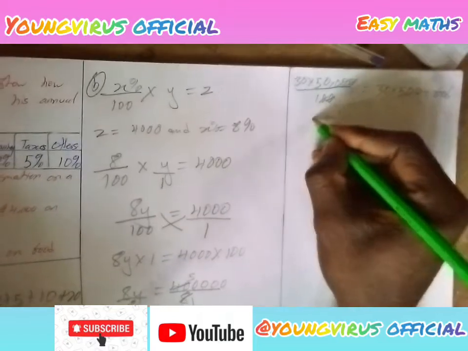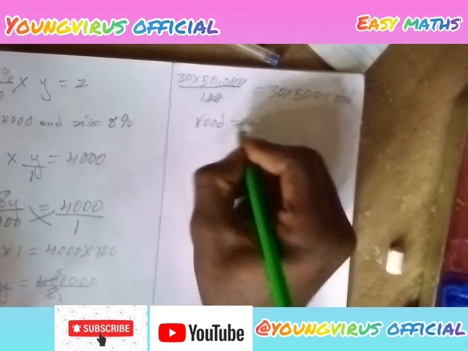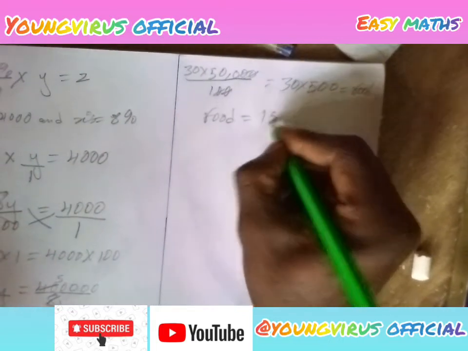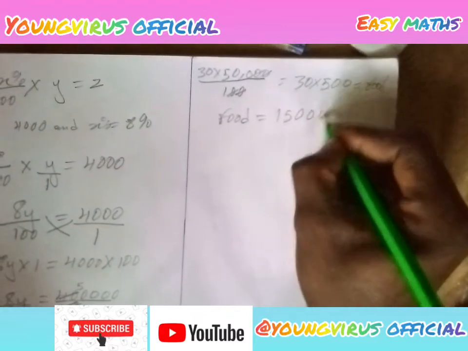So 3 times 5 is 15. So food is then equal to 15, then 0, 1, 2, 3.